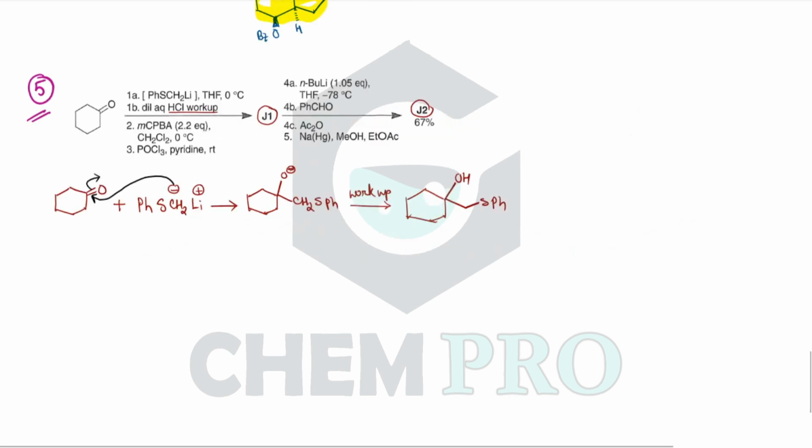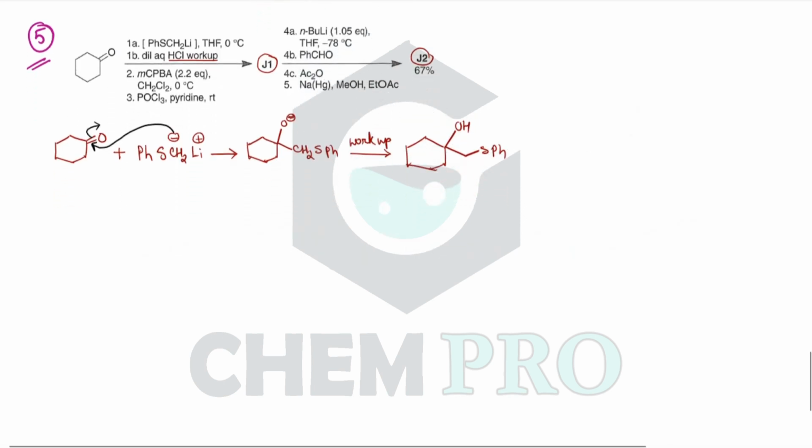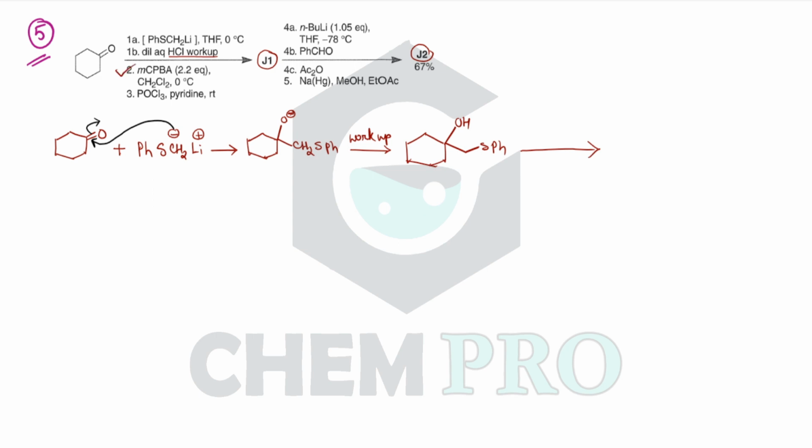Now the reagent given is MCPBA. This is the second reagent, MCPBA, and this will oxidize to the sulfone. So from this we can have OH and SO2Ph. And the third step, that is POCl3, will cause dehydration of the alcohol.